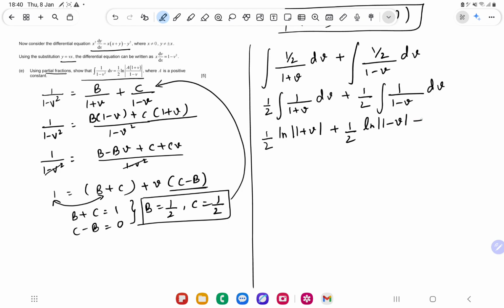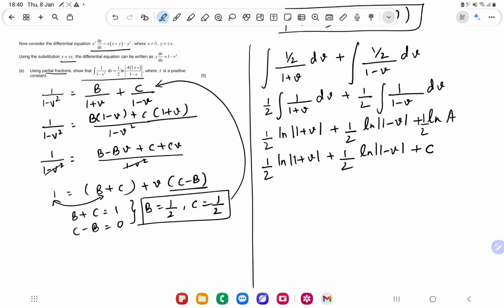Don't forget to add the constant, that is ln a. Now you can write it as half ln a or ln a. It's your wish. You can write plus c also. All are fine. I can write this as ln modulus 1 plus v plus half ln modulus 1 minus v plus c also.